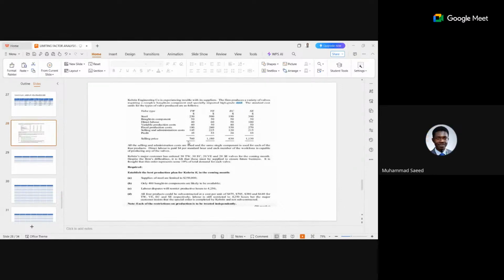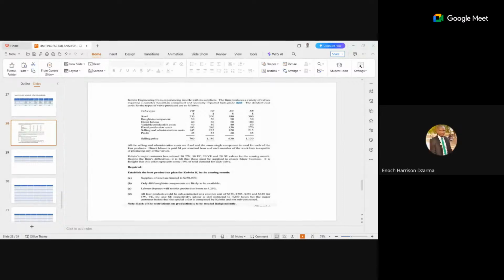Establish the production plan for Cobrin if in the coming months: A, supplies of steel are limited to $250,000. B, only 400 bought-in components are likely to be available. C, labor disputes will restrict productive hours to 4,250.